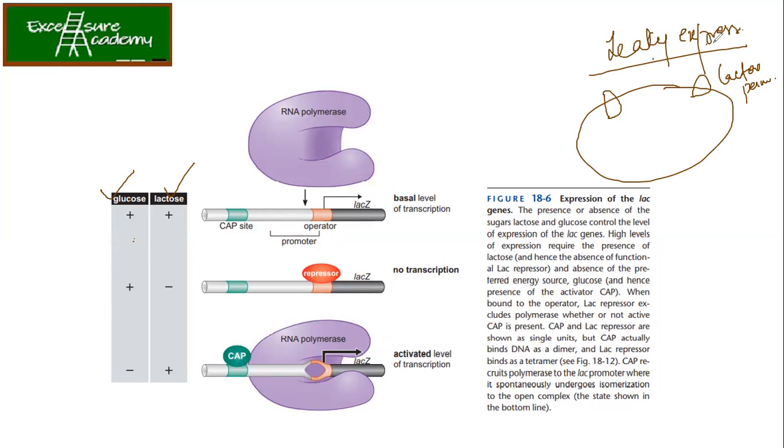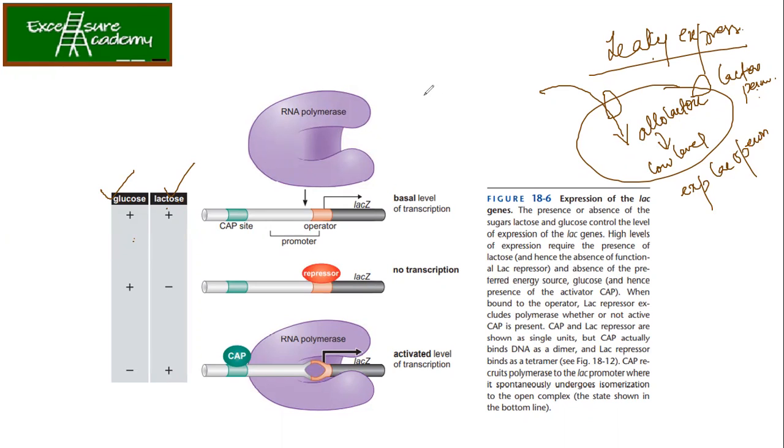Because of this presence of lactose permease, the lactose was able to get inside. It was getting converted to allolactose. This resulted in low level expression of your lac operon.